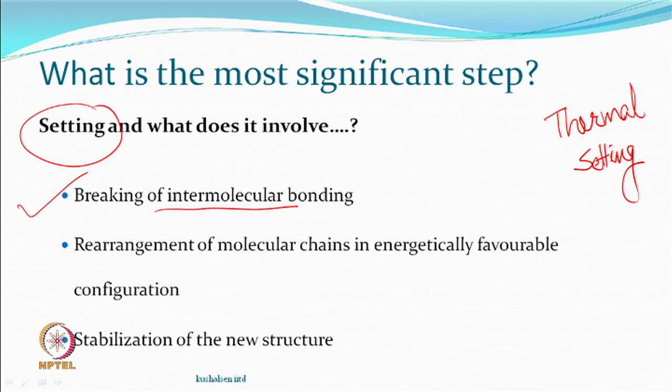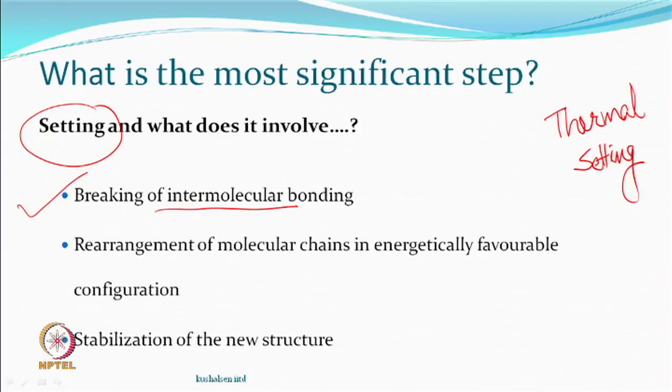One of the things that must happen is breaking of intermolecular bonding, which would mean that the molecules will be more free, they will respond to thermal energy, increase their kinetic energy, vibrate and do whatever they want to do. And what will they like to do? They will like to either crystallize or go to a disoriented state. That is called the rearrangement.